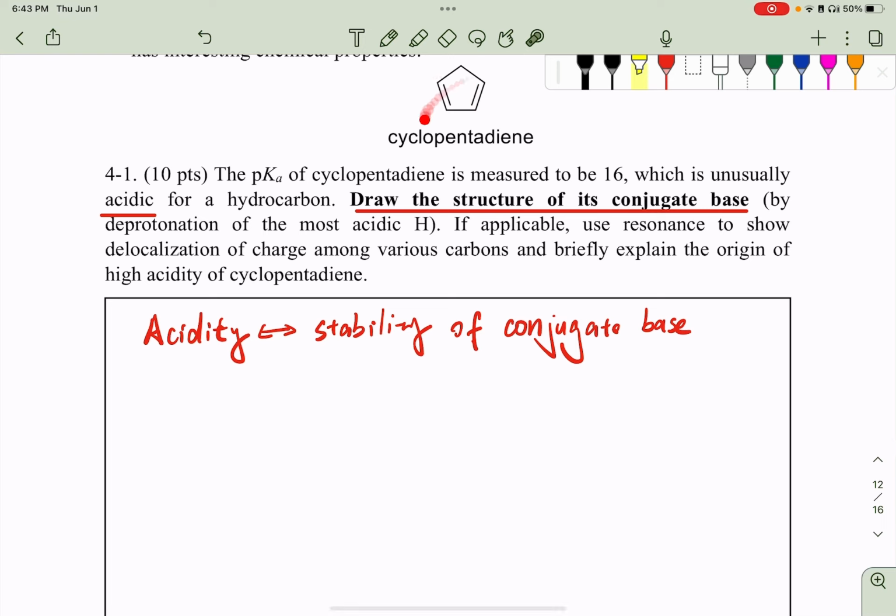Now this is a similar example we did. You have 3 different ways you can deprotonate the hydrogen. Let's just draw in all the hydrogens. If you deprotonate these hydrogens, you will form an anion charge here, and that anion can delocalize over the ring, because before this carbon is sp3, but after deprotonation, it becomes sp2.